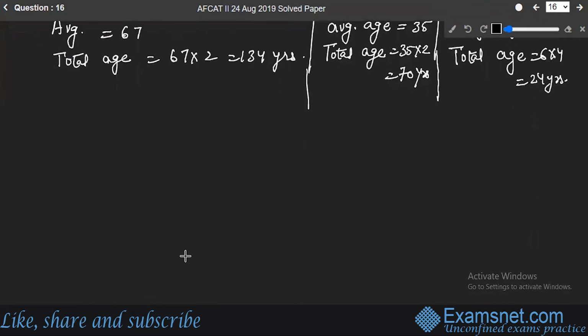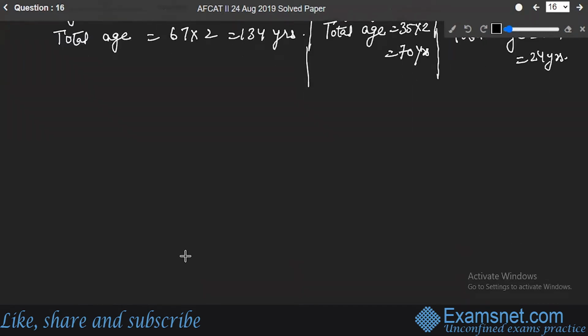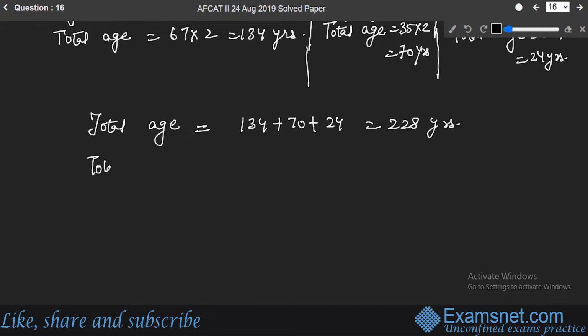Correct. Now, in the question, what you had to find out? Average age of the family. Right. So, total age will be 134 plus 70 plus 24, which is 228 years. Total number of members in the family.